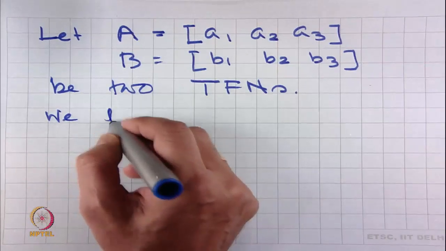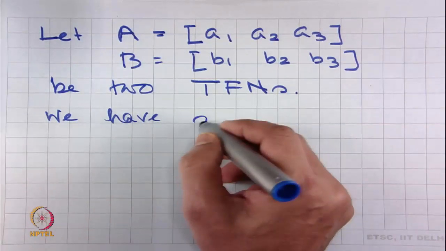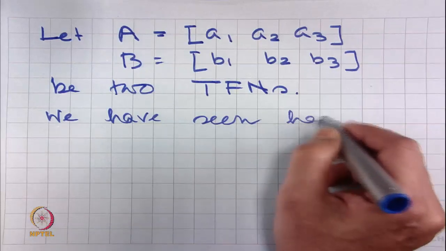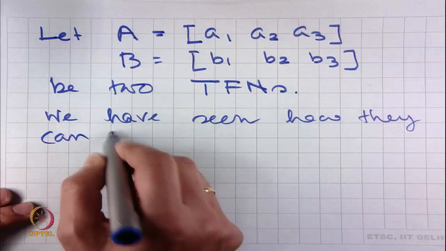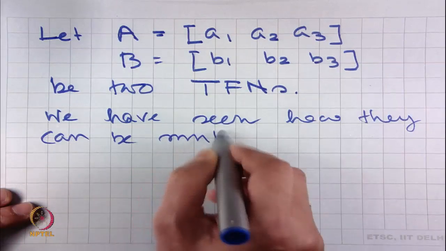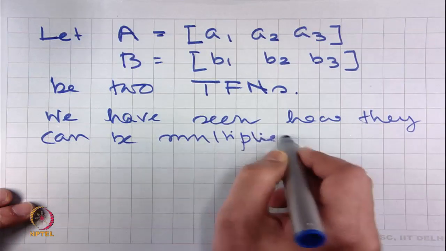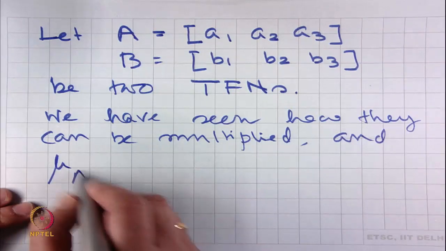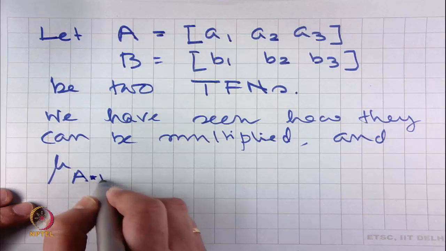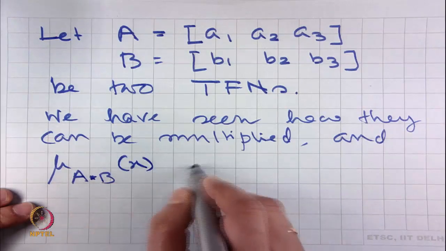We have seen how they can be multiplied and the membership function of A star B of x can be computed.